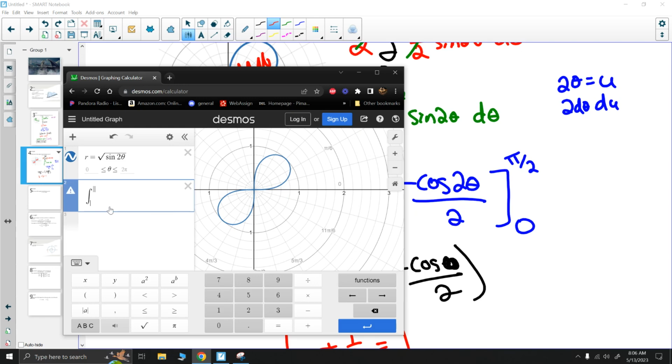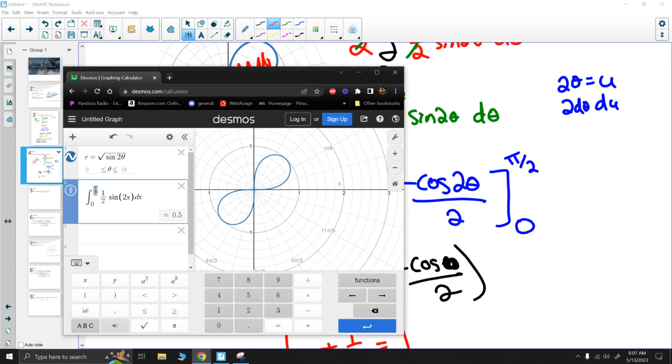So if we look at this again, if we take this from 0 to pi halves of 1/2 sine 2x dx, notice we get 1/2 for this region.